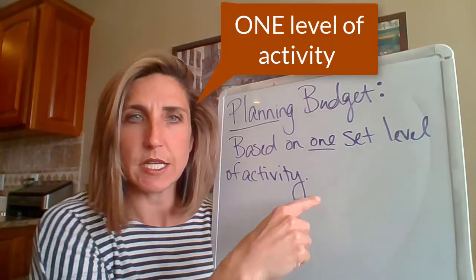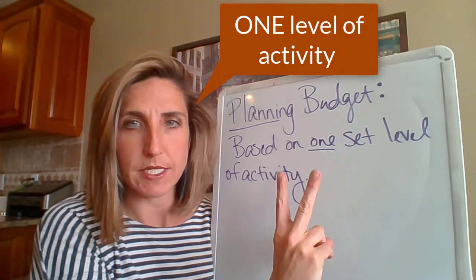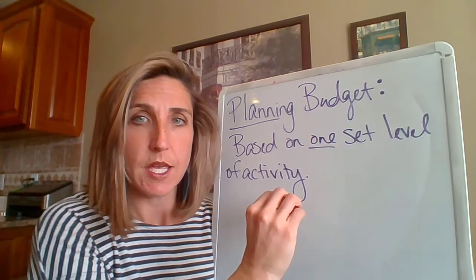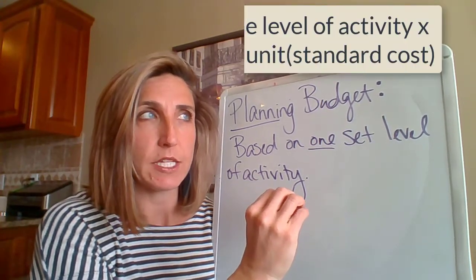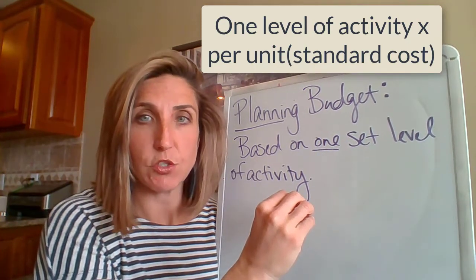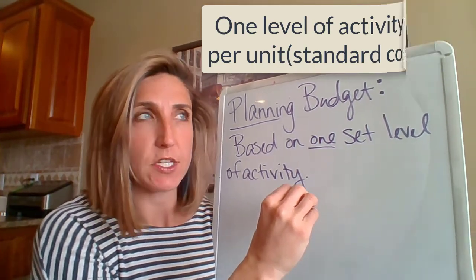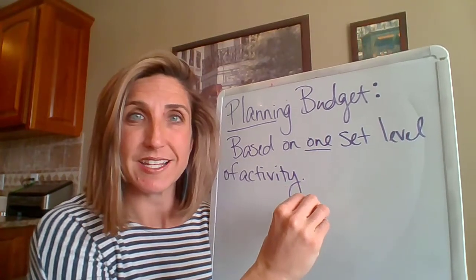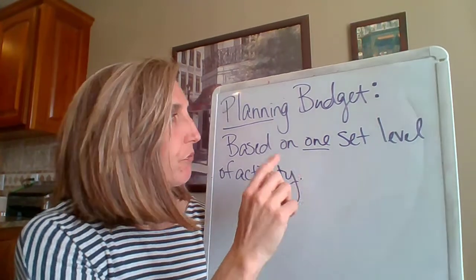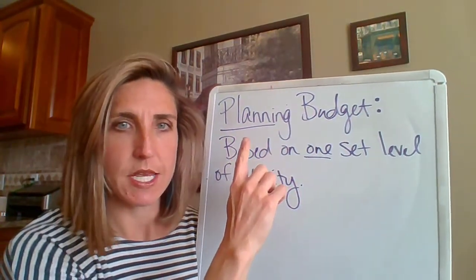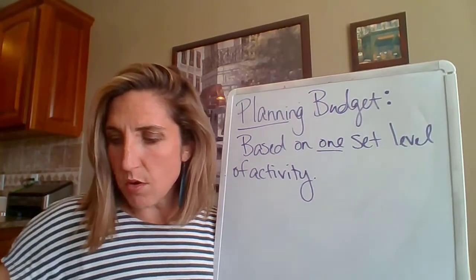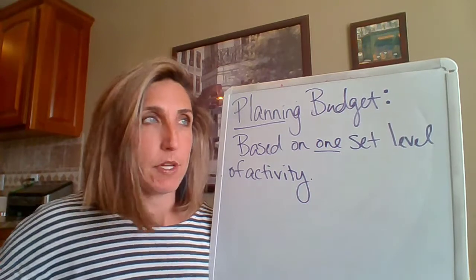So it's still a detailed plan that includes two elements: what you plan to spend per unit and how many units you plan to generate, or what kind of revenue you plan to generate based on a total number of customers and clients that you plan to serve or sell your product to. So the planning budget is the first concept. It is based on one set level of activity, also known as a static budget.